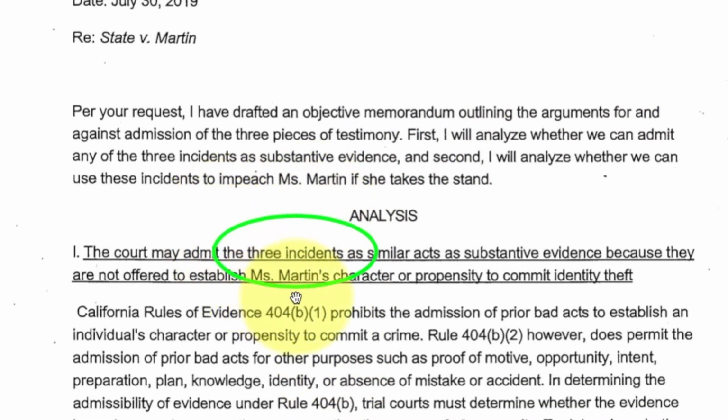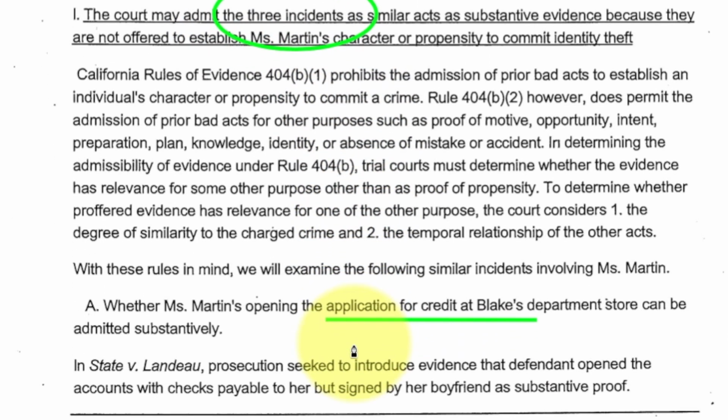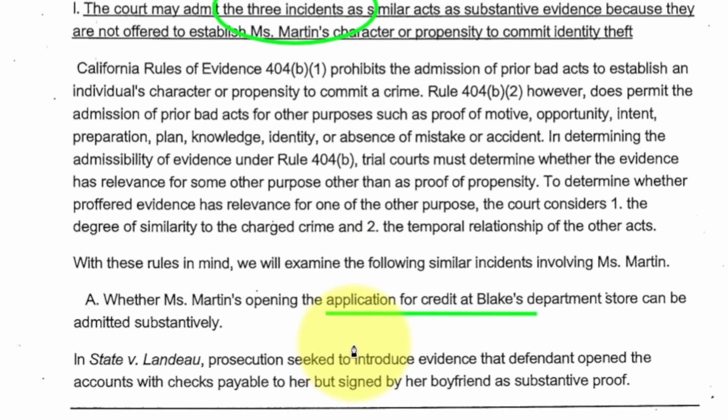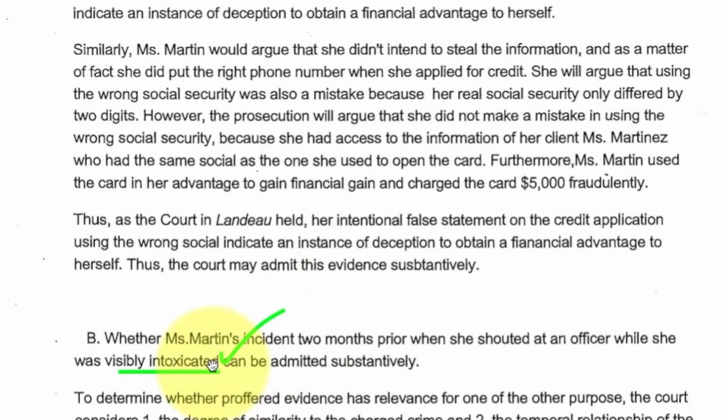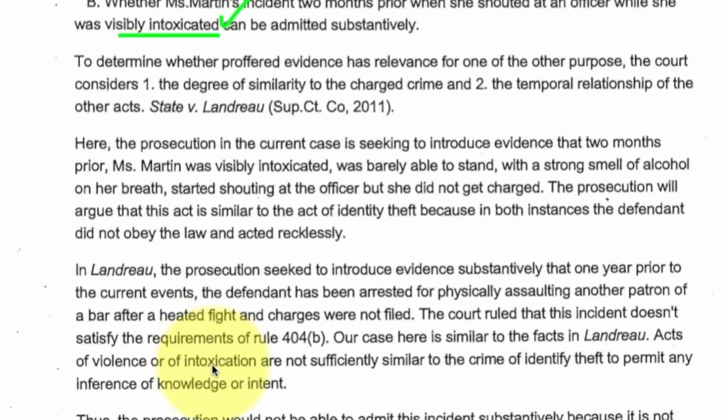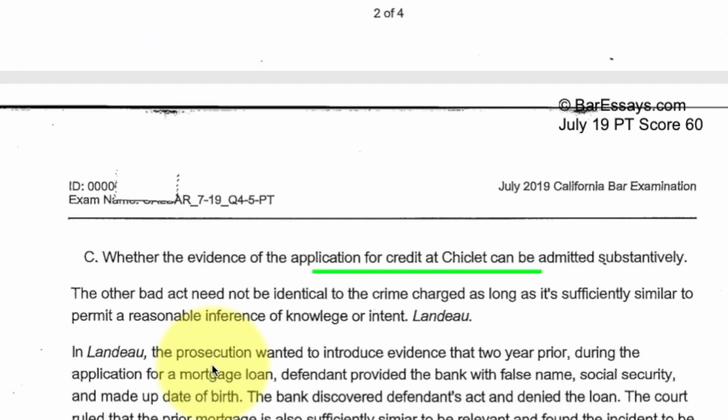Of course, they said, hey, look, okay, we do have 3 incidents here. What are they? One is an application, which was not one of the major issues. And they did get this one here, visibly intoxicated. That was one of the major issues. But you see already, they're not doing great. So probably this essay is not going to do great. For the 3rd incident, the 3rd major issue, they did not identify the proper major issue.